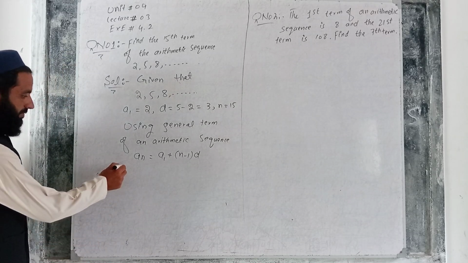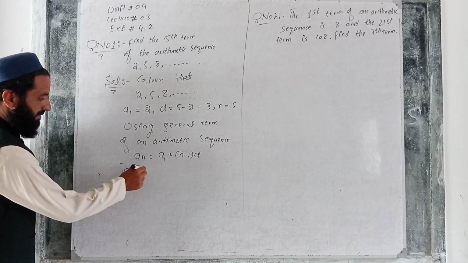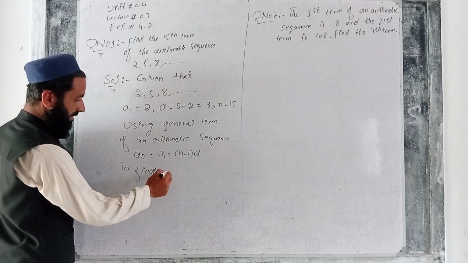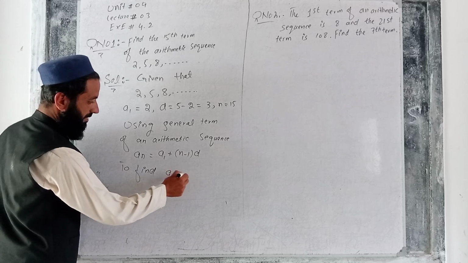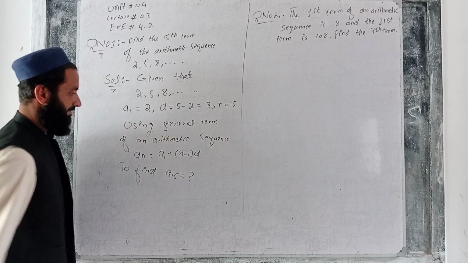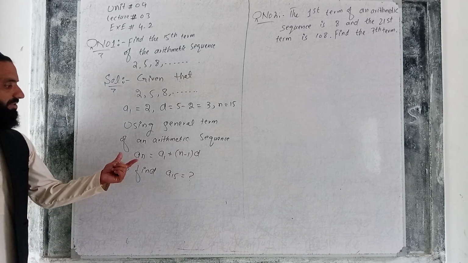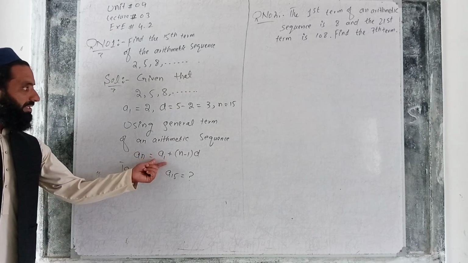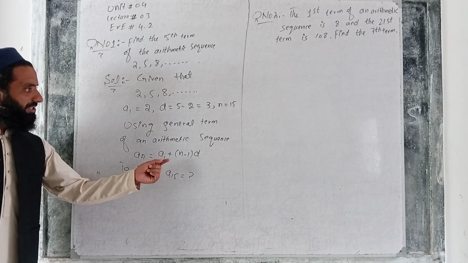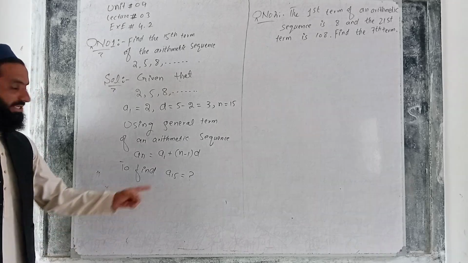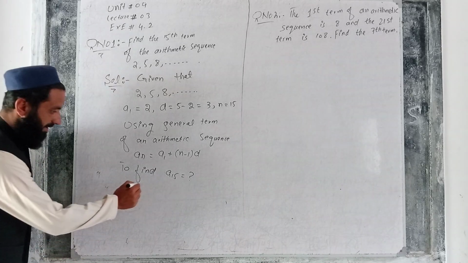But we have to find the 15th term. Put the value of a1 equal to 2, n equal to 15, and d equal to 3 to get the 15th term.